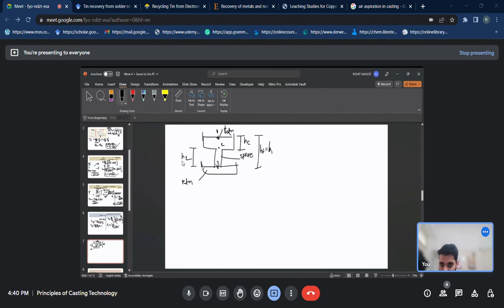Okay, as this cavity is open to atmosphere, here the pressure will be p atmosphere.